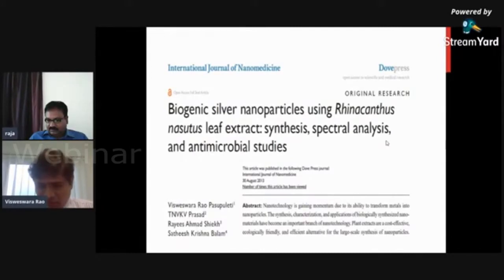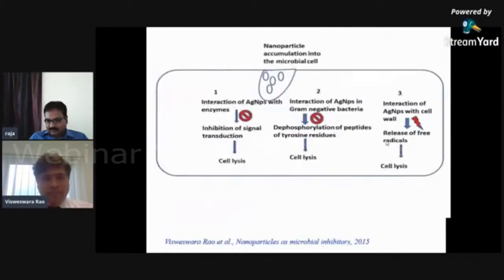There we got very good results with the nanoparticles. Later on we hypothesized 3 different mechanisms of action, which is nanoparticle accumulation into the microbial cell. What does it do? This is what exactly we need to understand.